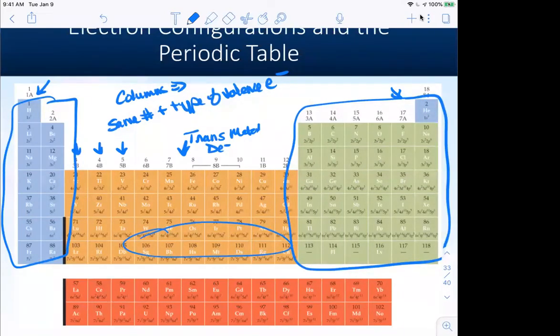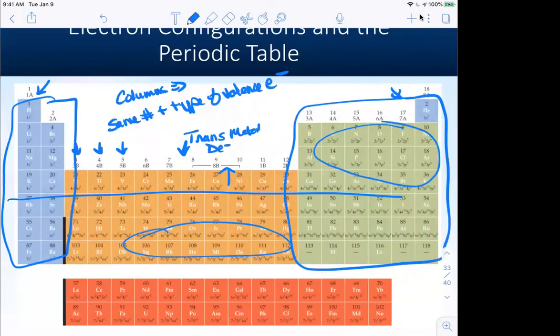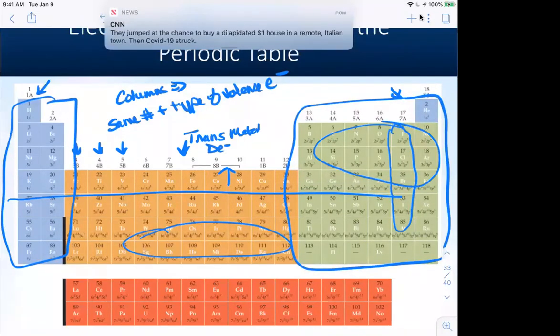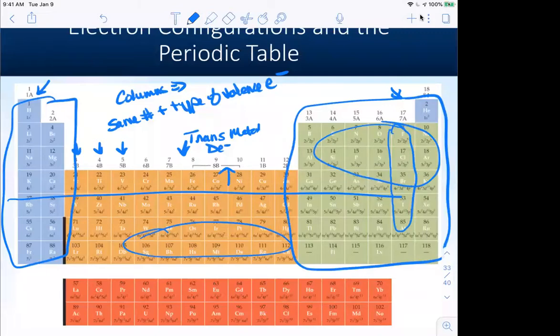So those are the electron configurations that you should particularly be concerned with, especially above this line. We're really going to focus on elements that are in this area of the periodic table, also including the halogens. So iodine is a really important element in the periodic table as we go through this course.